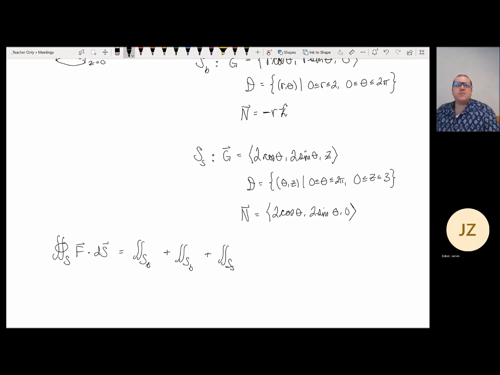Right, so the total flux would be the sum of those three.